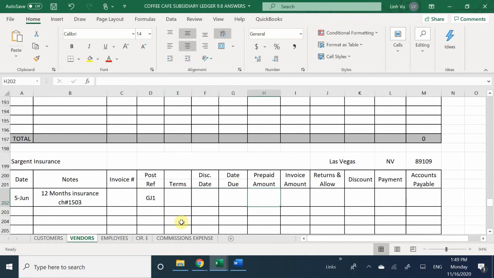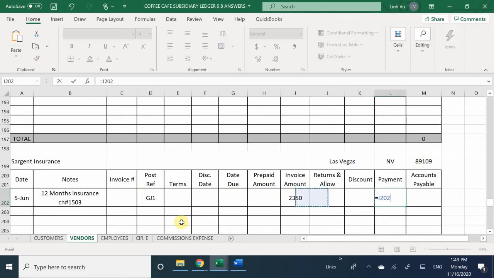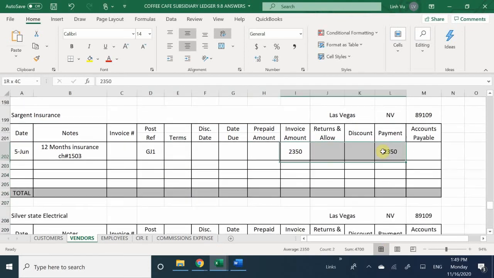We didn't make any advance payments, okay? So our total invoice amount was for the $2,350. And lastly, did we make a payment to it? Yes, we did. We made a payment and we called it check number 1503.